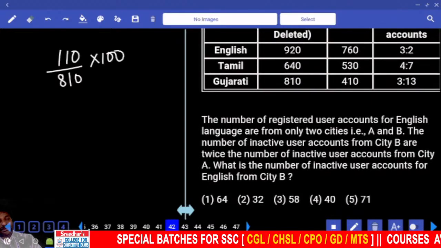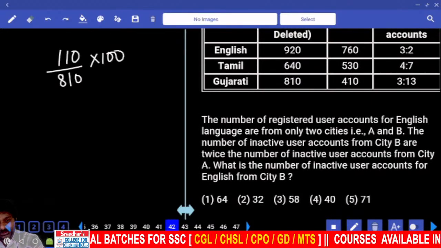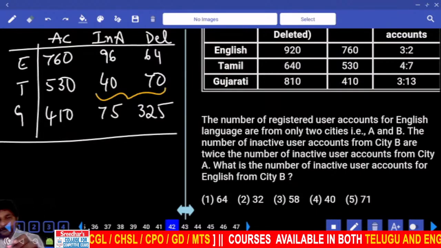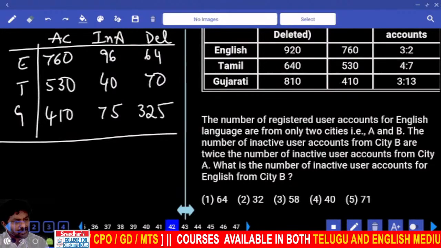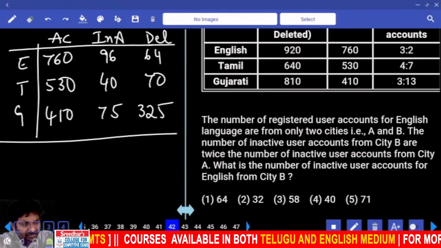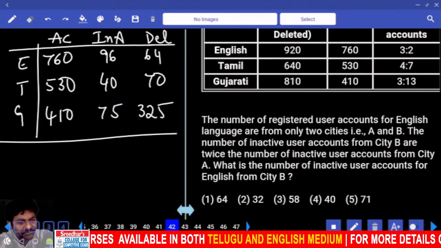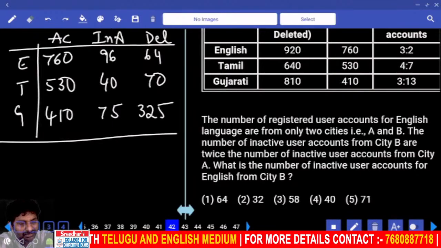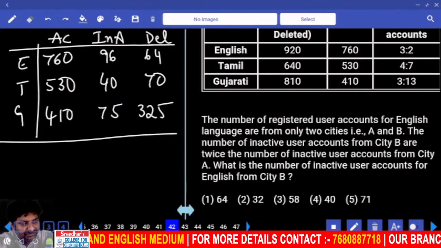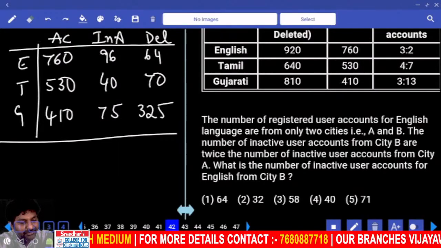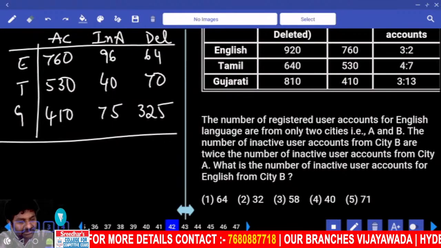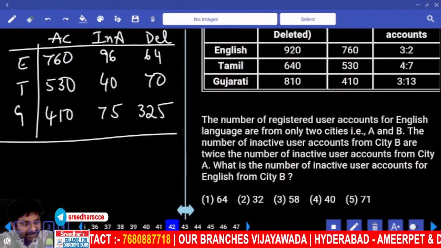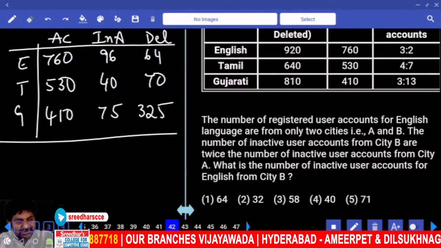The number of registered user accounts for English language are from only 2 cities, that is A, B. The number of inactive user accounts from B are twice the number of inactive user accounts from city A. What is the number of inactive user accounts for English from city B?